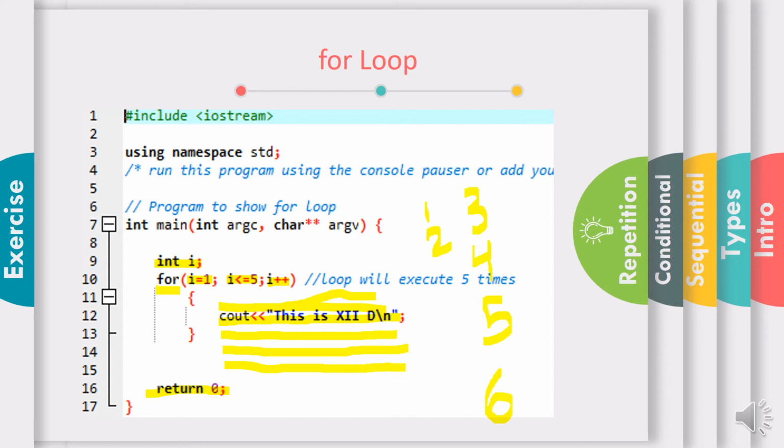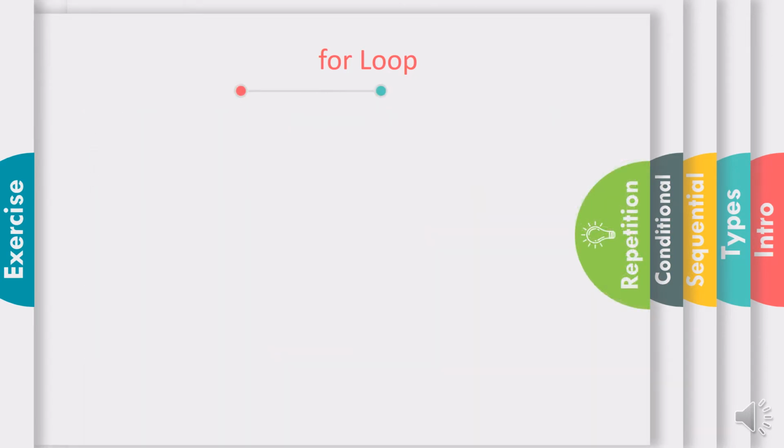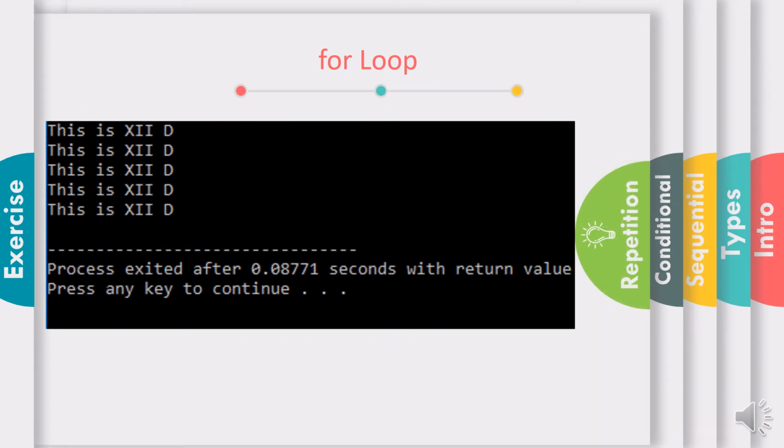Let me show you the output of this short program. Here is the output. You can see that the code is executed 5 times, and 5 times we can see the message printed on the screen, "This is second year D".